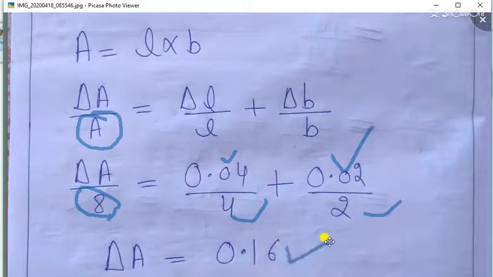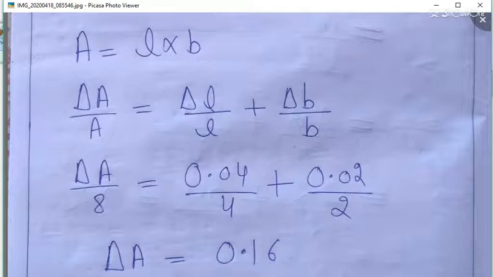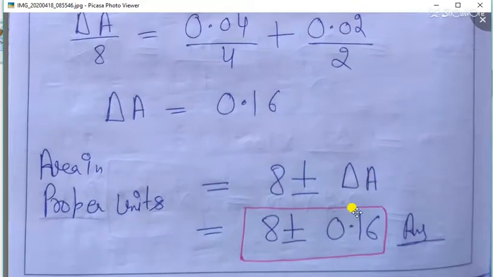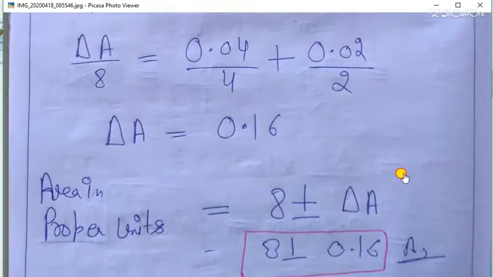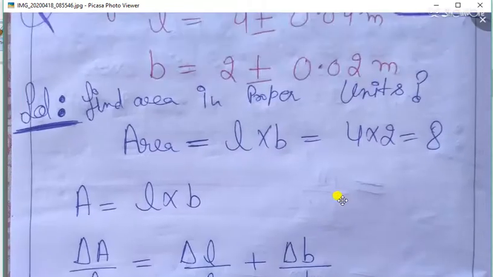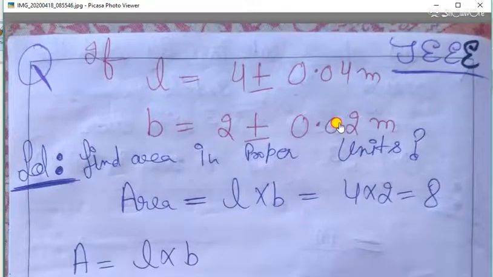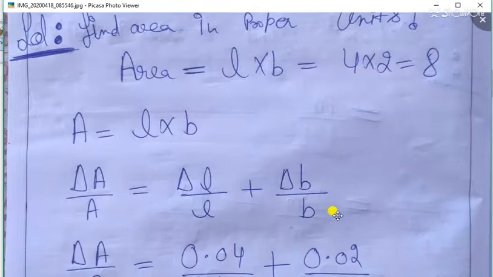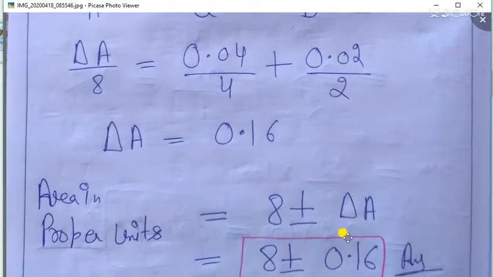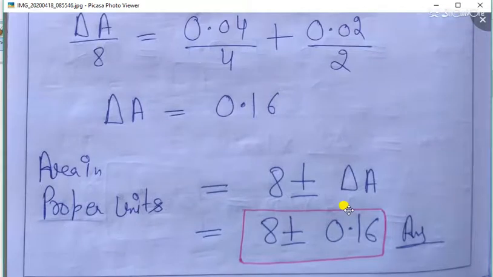So by finding it, we can write the area in proper units as 8 plus minus delta A, where delta A is 0.16. In this way we can find the value of error in area or in any other quantity. So here, I am taking one example.